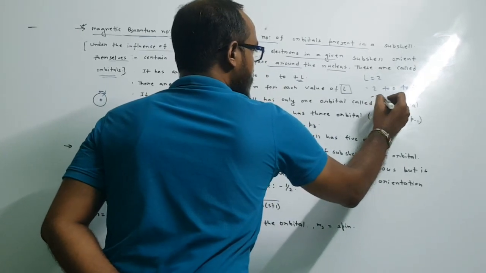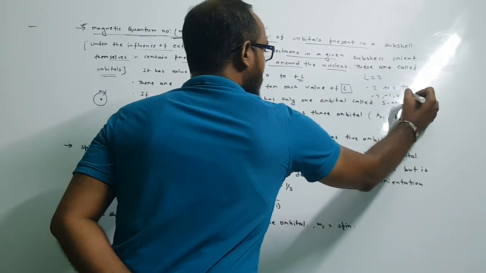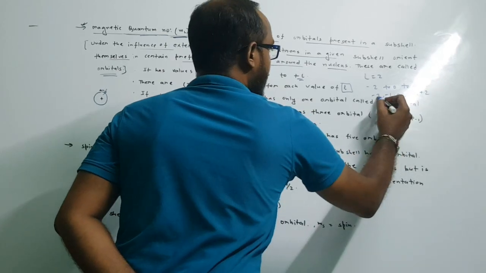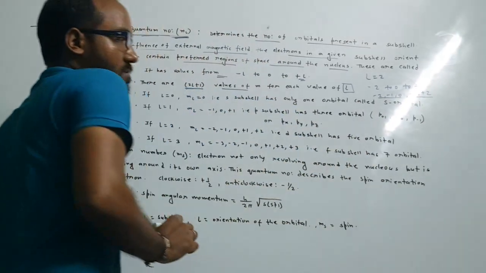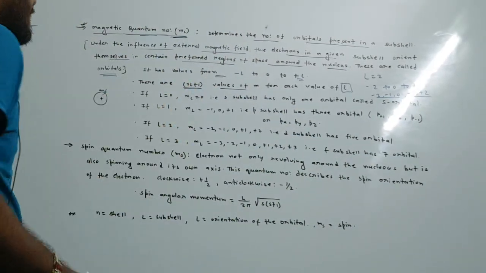That means minus 2, minus 1, 0, plus 1, plus 2. We have 5 values of m.